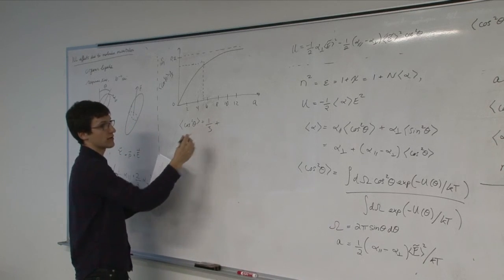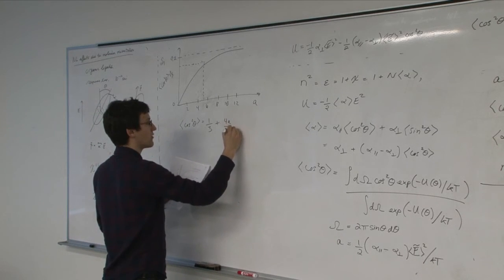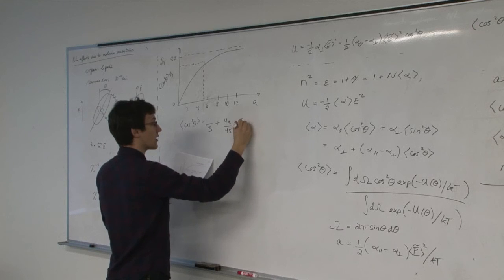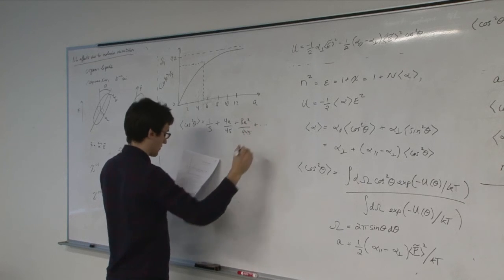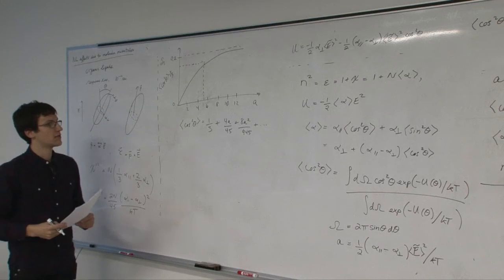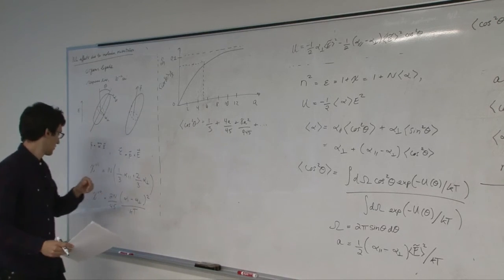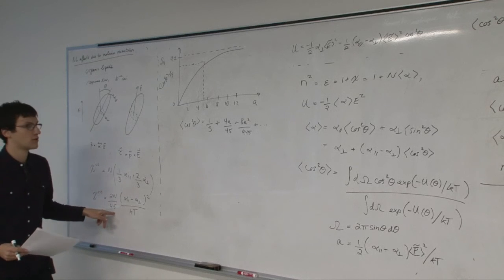So 1/3, this is the term that we had before, plus 4A over 45 plus 8A square over 945 plus dot dot dot, so plus other terms. And now it seems that we are approaching something that we've seen before.